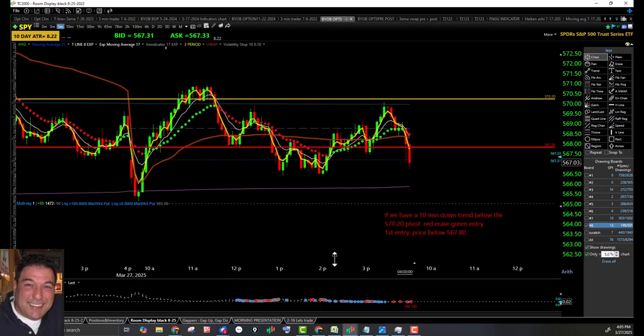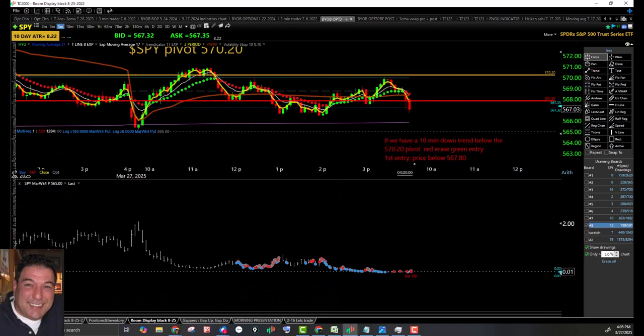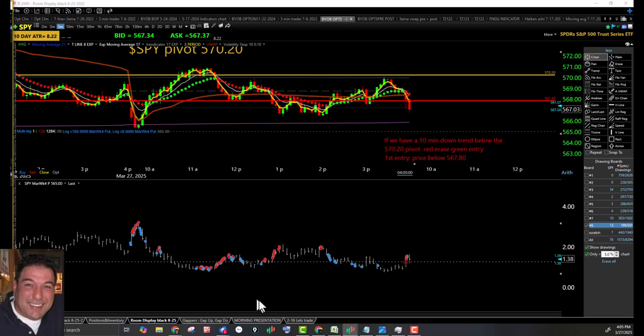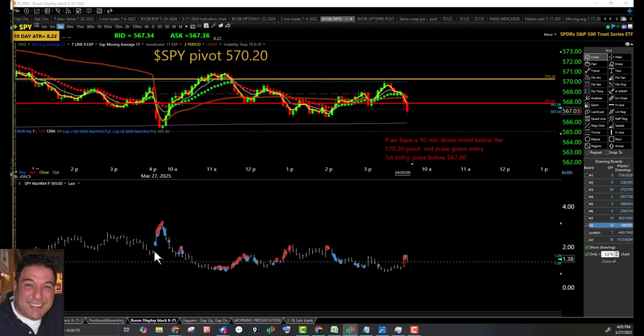So what did I trade today? I traded some of this stuff right here. You can see I bought and I sold. See the rally? Bought, sold into the dip. These are puts. Reloaded. Price drops, sold into the dip.